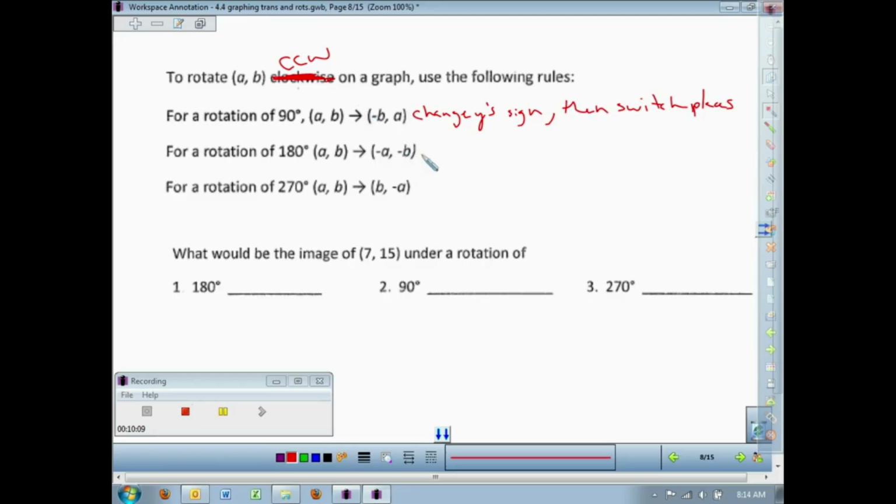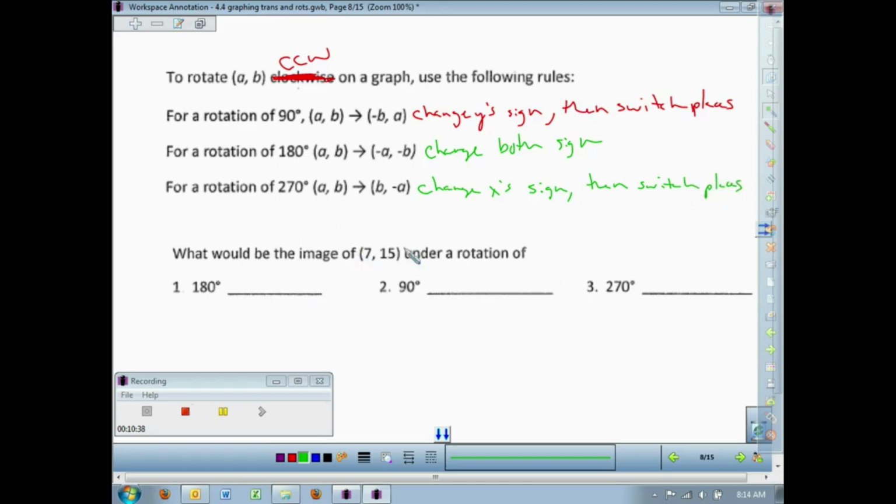To rotate 180 degrees, it's just change both signs. And this one is change X's sign, then switch places. Cool.